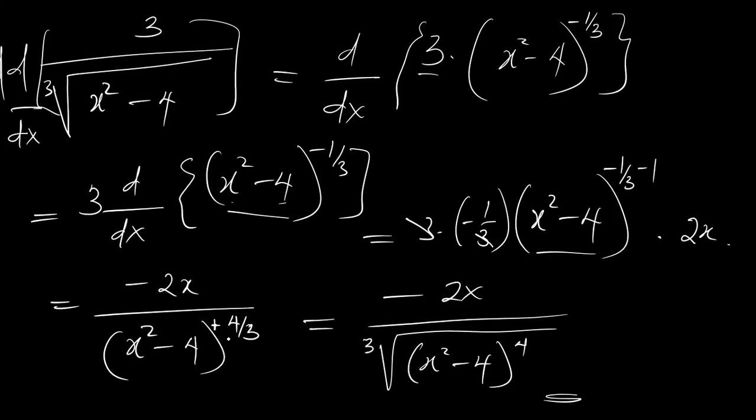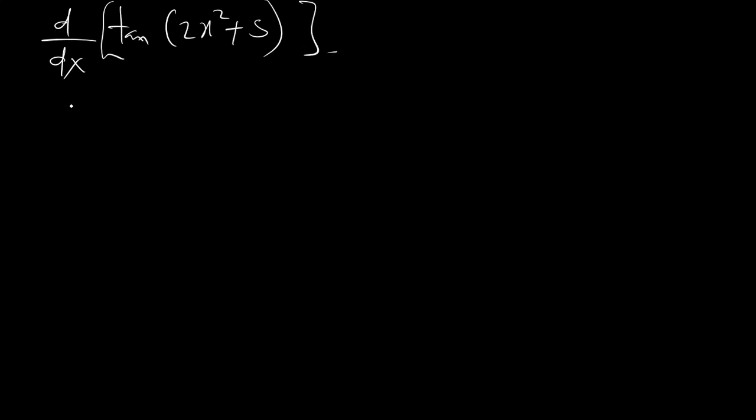Now let's say you have another problem, where we do the derivative of this. We're still using the chain rule. You have tan of, let's say, 2x squared plus 5. Now you have a function and you have another function. The derivative of this will be, you're differentiating this with respect to this function.